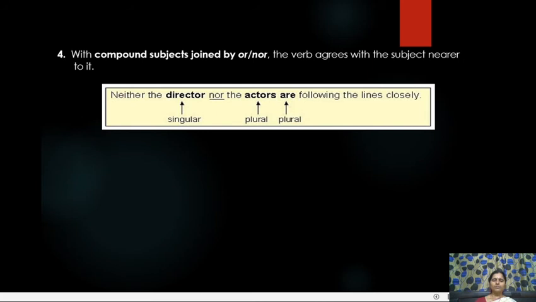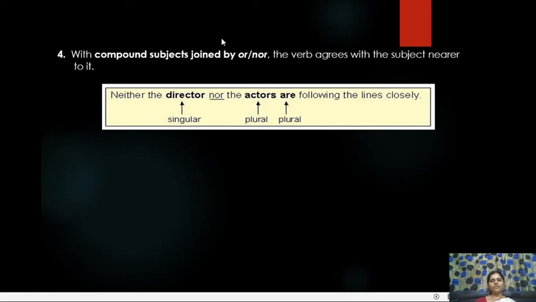With compound subjects joined by or or nor, the rule differs from compound subjects joined by and. When they are joined by and, it becomes plural. When they are joined by or or nor, the verb agrees with the subject nearer to it. See in this example, neither the director nor the actors are following the lines.